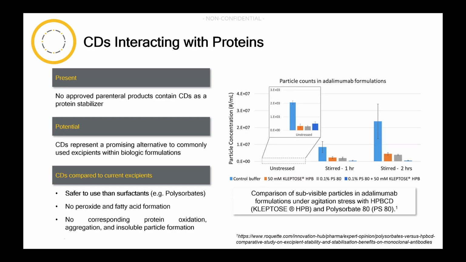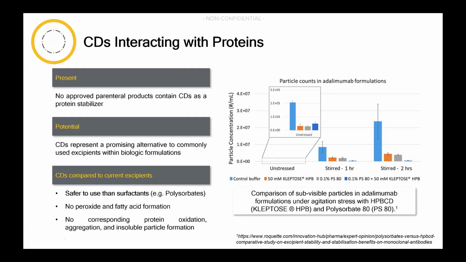You can see that Kleptose, which is the cyclodextrin, is used at 50 millimolar, which is around 7% cyclodextrin, while polysorbate is used at 0.1%. So in this, you can see the particle concentration, and in this case, the lower the number, the better.